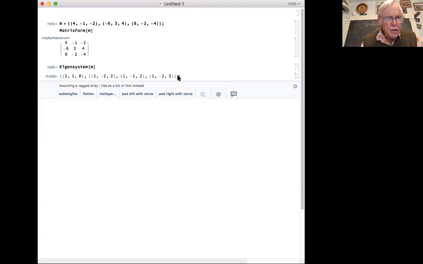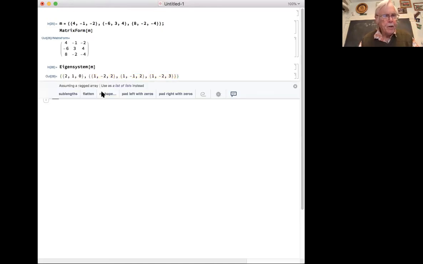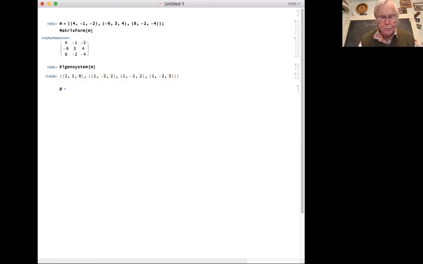Let's take this last part. Those are the three eigenvectors written as rows. So I copied that. And now in my next line, I'll let P equal that. Paste it in there. Return. Okay, we've got them in there. So now I want to use matrix form to see it.